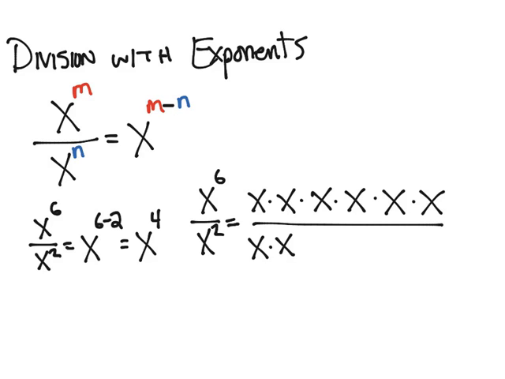Since we know that a number divided by itself is 1, we know that x divided by x becomes 1, and the other x divided by x becomes 1. Our final result is simply x times x times x times x, or x to the 4th power.